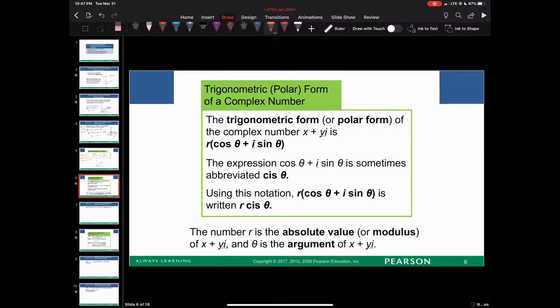Using this notation, r times cosine theta plus i sine theta is r times cis theta. The number r is the absolute value or modulus of x plus yi, and theta is the argument of x plus yi.